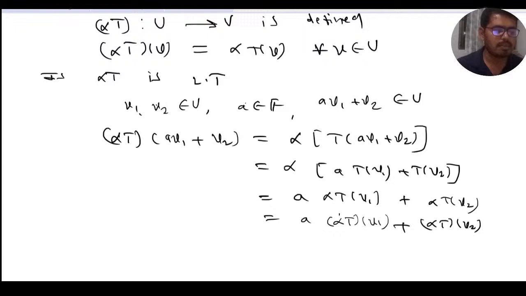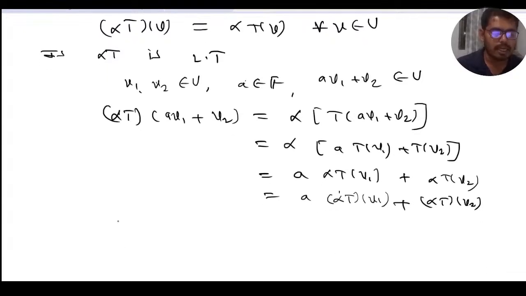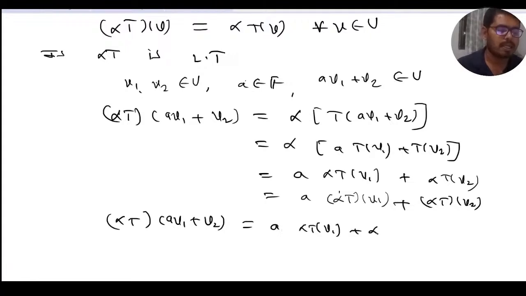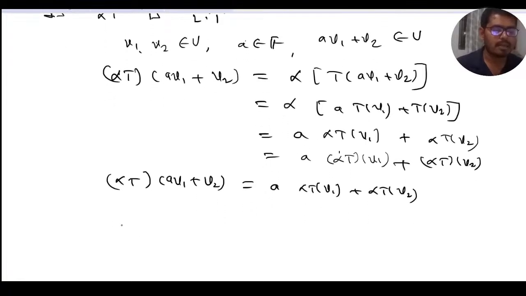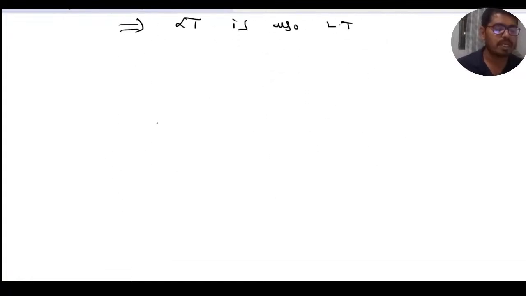This implies that alpha T of a v1 plus v2 is equal to a times alpha T of v1 plus alpha T of v2. This implies that alpha T is also a linear transformation.